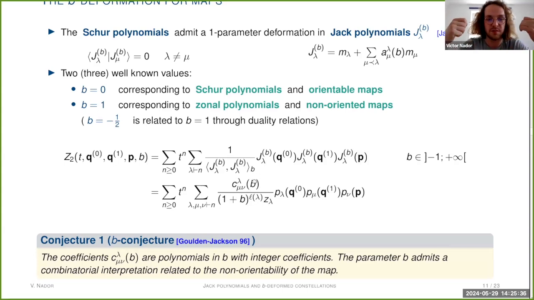If we want the b-deformation to correspond to a measure of how non-orientable the map is, then it amounts to saying that this coefficient should be polynomial in b with positive integer coefficients. This was the conjecture proposed by Goulden and Jackson in '96, who studied this generating series.